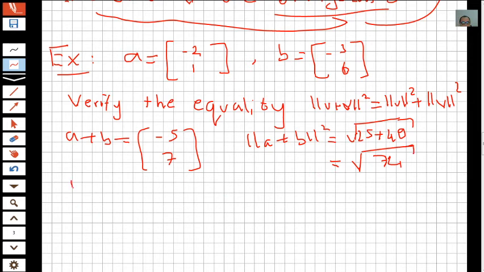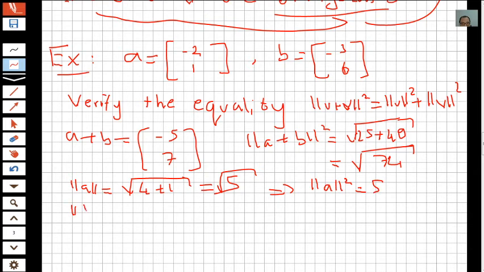And the length of the first one is the square root of 4 plus 1, which is equal to 5, square root of 5, and the square of this one is equal to 5.